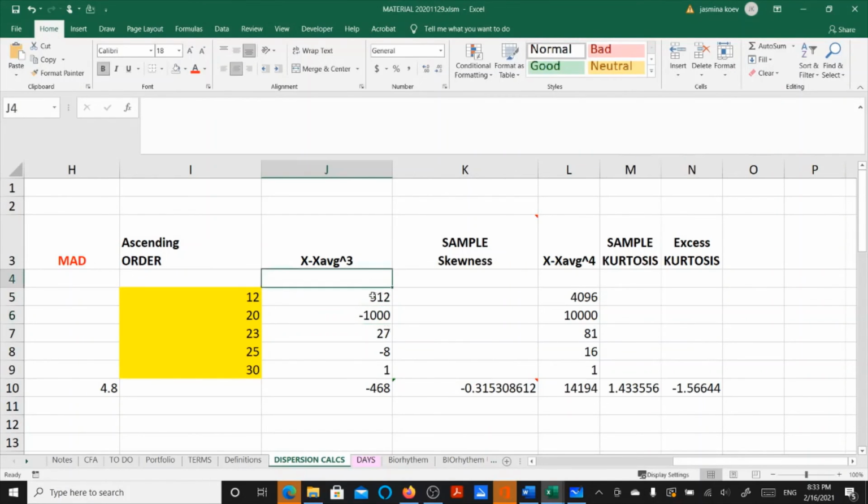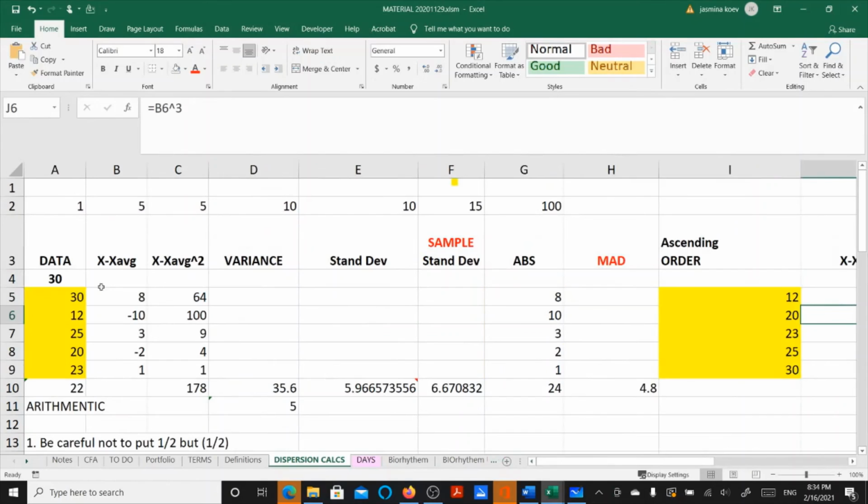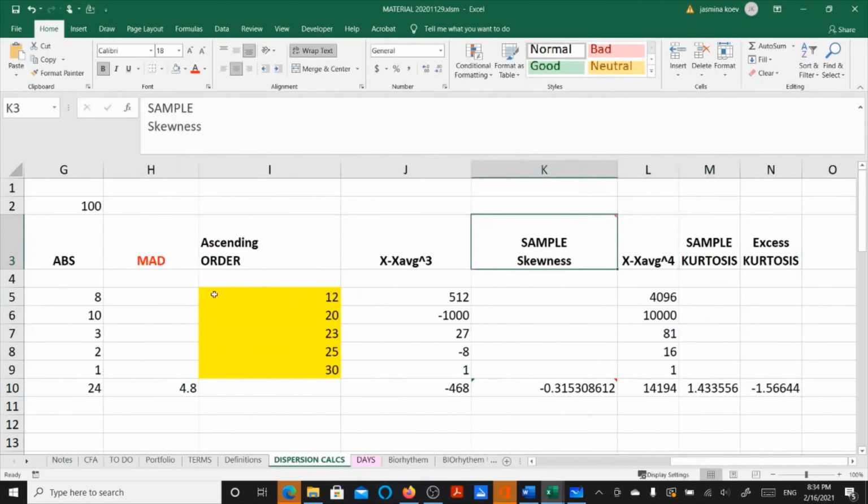And if you remember B5 and B6 in our calculations, we're taking observation minus mean, observation minus mean. So instead of the variance doing it to the power of 2, we're doing it to the power of 3.